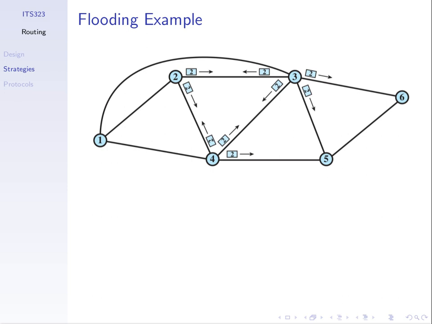Node 4 receives packets from 2 and 3, and therefore sends to its neighbours. From the packet from node 2 it sends to 1, 3 and 5, and from the packet from node 3 it will send to 1, 2 and 5.